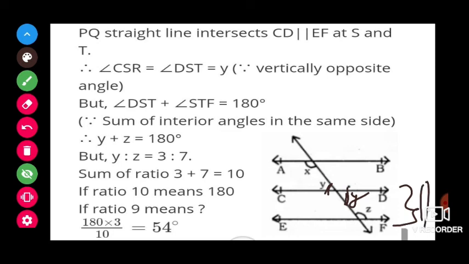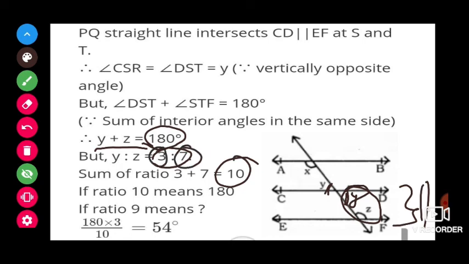Since both lines are parallel to each other, the sum of interior allied angles will be 180. So we can take y plus z is equal to 180 degrees. But we know that the ratio is 3 is to 7, means if we divide 180 into 3 is to 7, total 10 parts, then y will be 3 parts and z will be 7 parts.